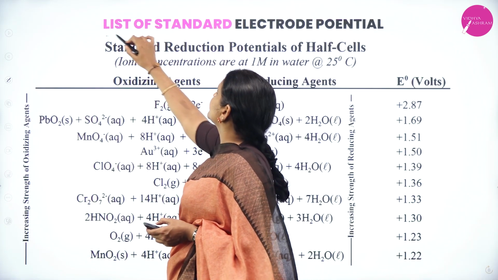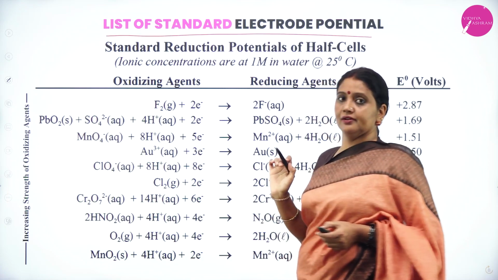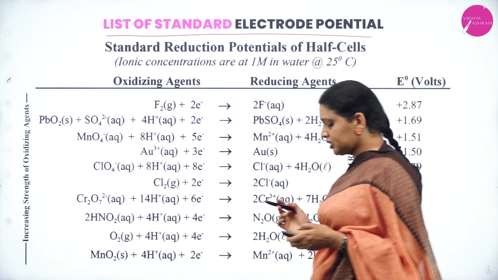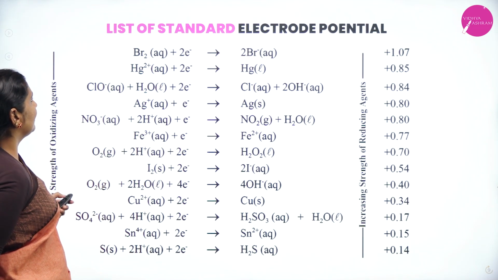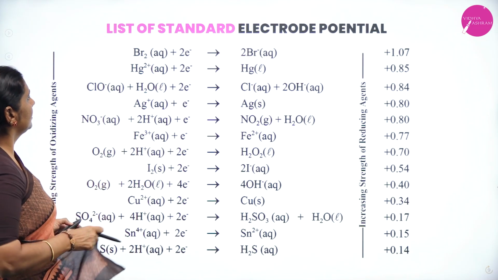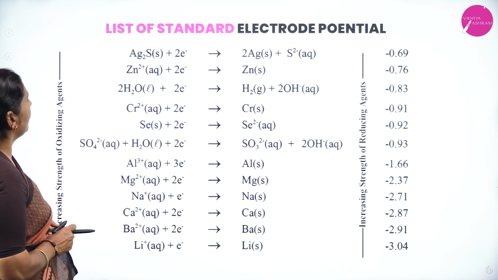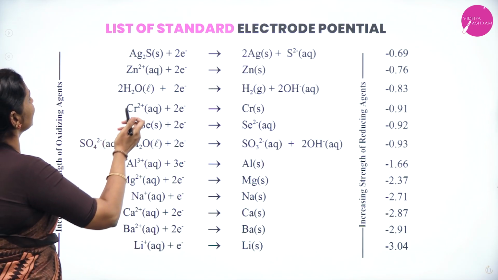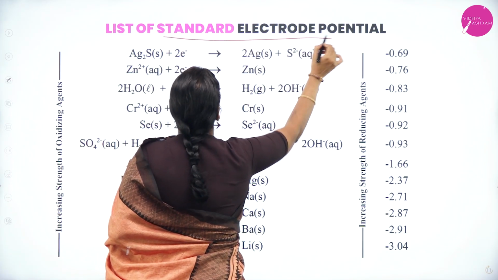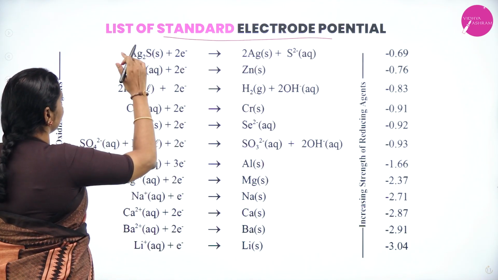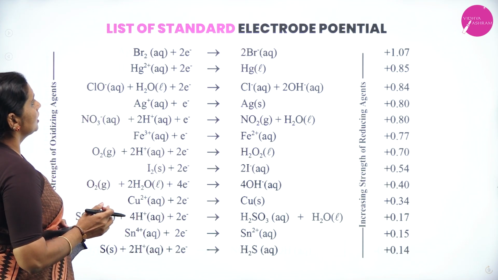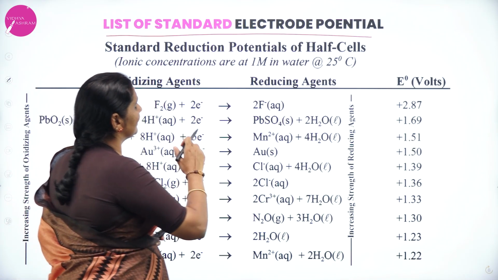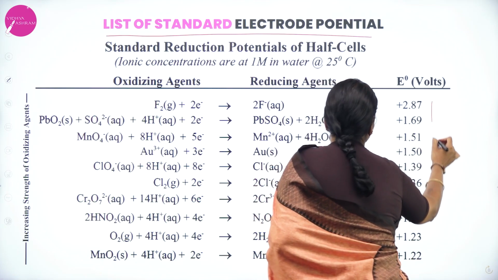Now, the list of standard electrode potentials. Observe here. I am going to show some of the tables. Here is the first table, and this is the second table, third table, fourth table. Here the standard electrode potential values of some metals and metal ions are given. Observe that the E0 values are in decreasing order.